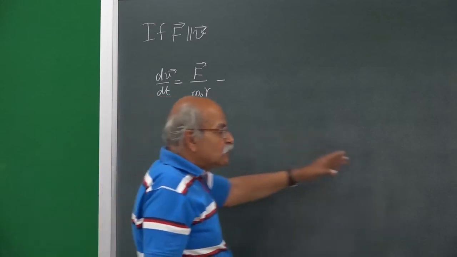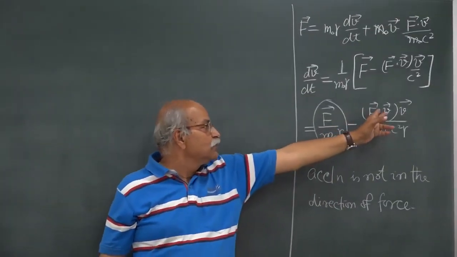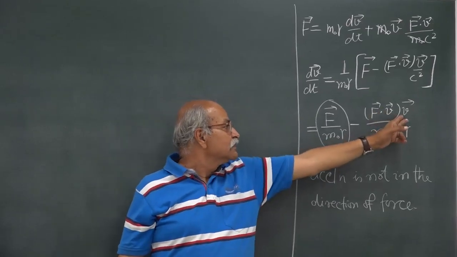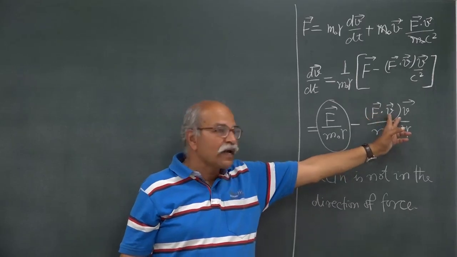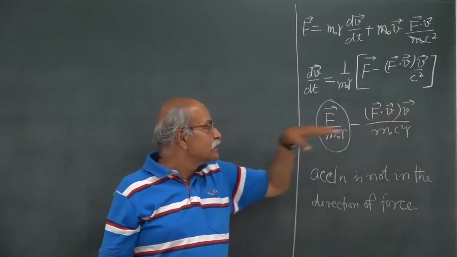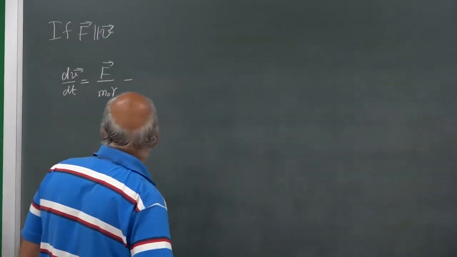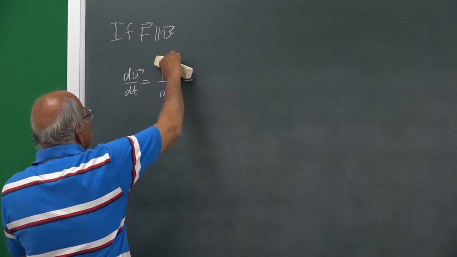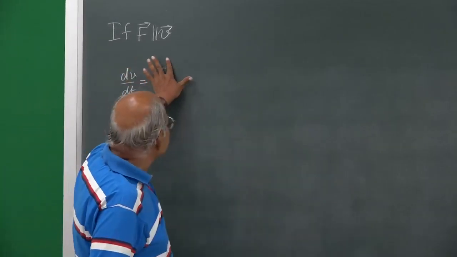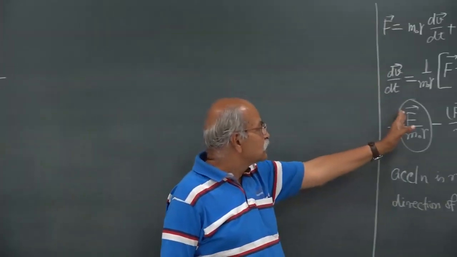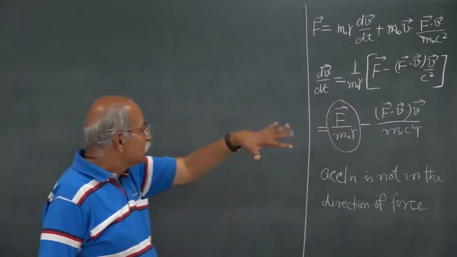F is parallel to velocity, so this f dot v is just f into v, and then this is v. So, if I take everything in one direction, this will be f into v square. Okay. So, let us take that direction as the x axis direction. All right. So, in that direction, if I write only the magnitudes, because all directions are same, force, velocity, everything, all directions are same.